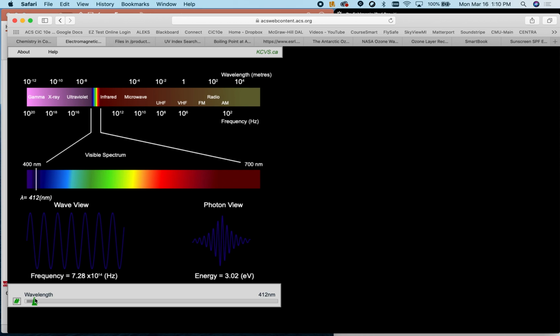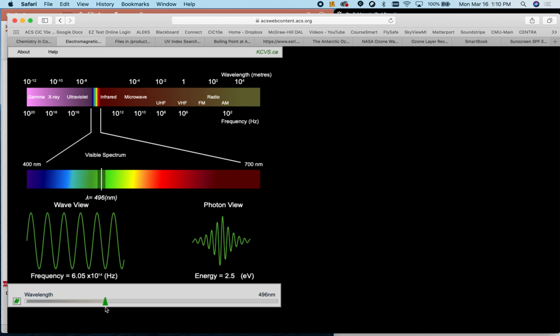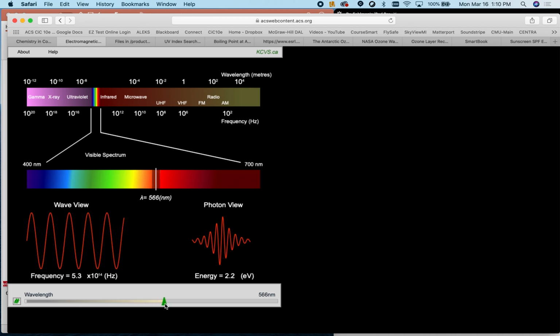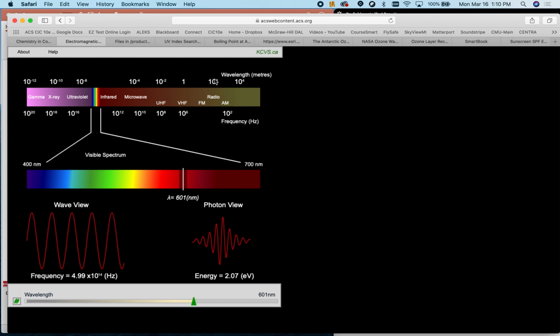And as you drag it all the way from blue to red, then frequency and energy are going down. And up here you can see what happens to wavelength. So wavelength is getting bigger as you go to the red. So that's the first one.